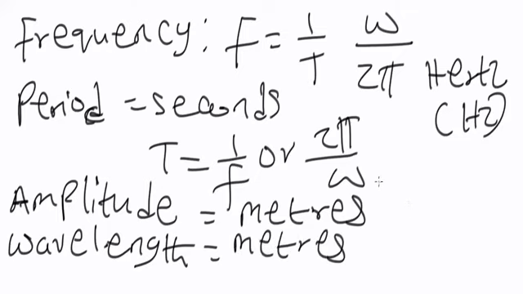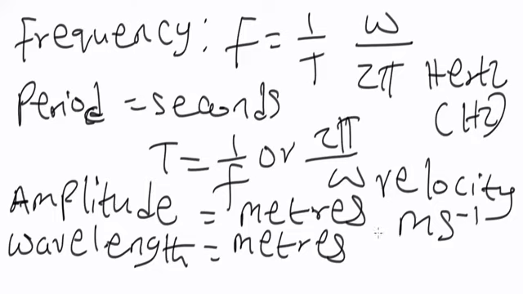We also have the velocity, which is the speed of a particle undergoing wave motion, measured in meters per second. So these are the basic parameters. We have others, but these are the basic ones.